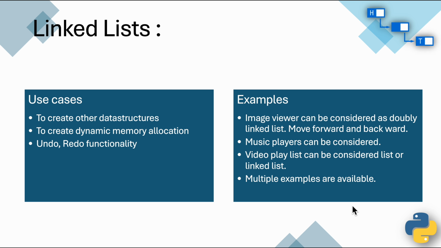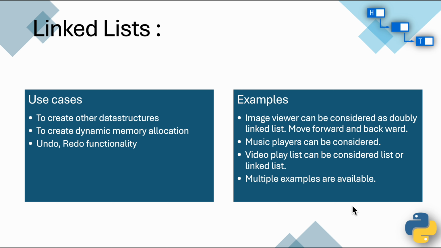So what's happening there, one song is completed, then it is going to the next linked node and playing the next song. So that can be implemented through linked list, and in the linked list we are traversing the songs.